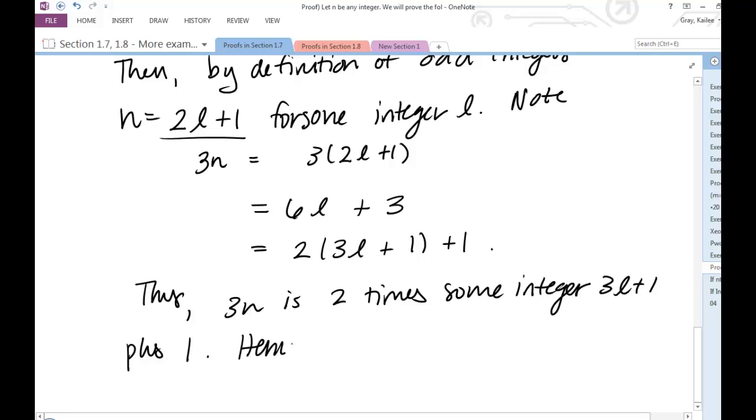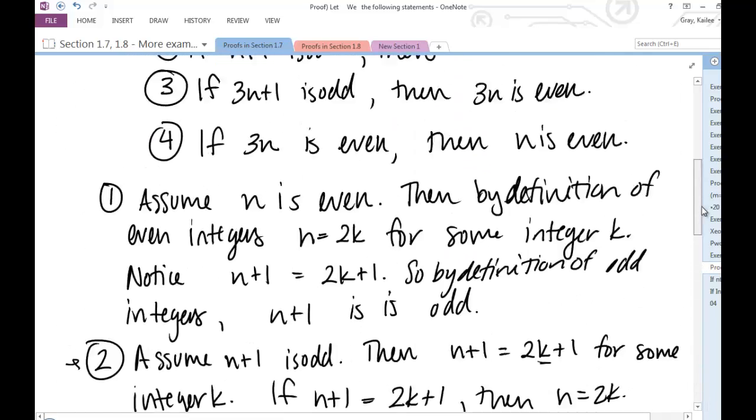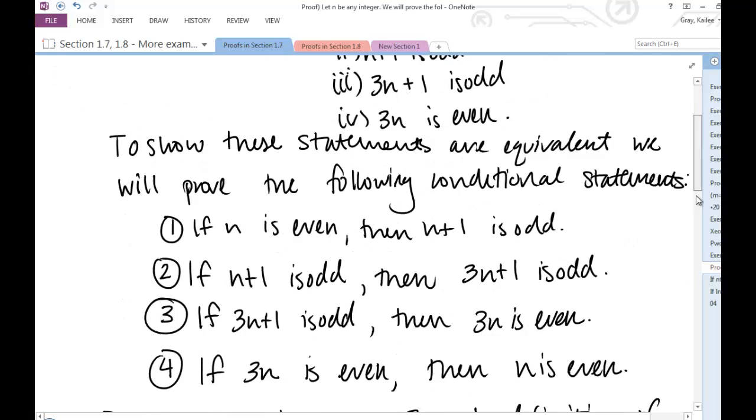Hence, by definition of odd integers, n is odd. Okay, and we're done. We've proven those 4 conditional statements, and those 4 conditional statements, as we set up in the beginning, show that those 4 statements are equivalent.